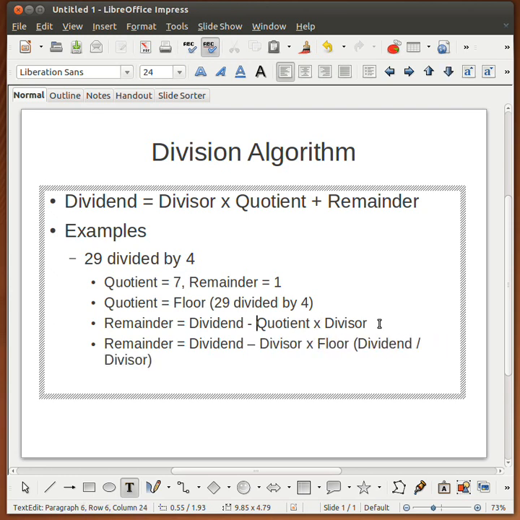So I would rewrite this like this, and this is pretty much what I would do.